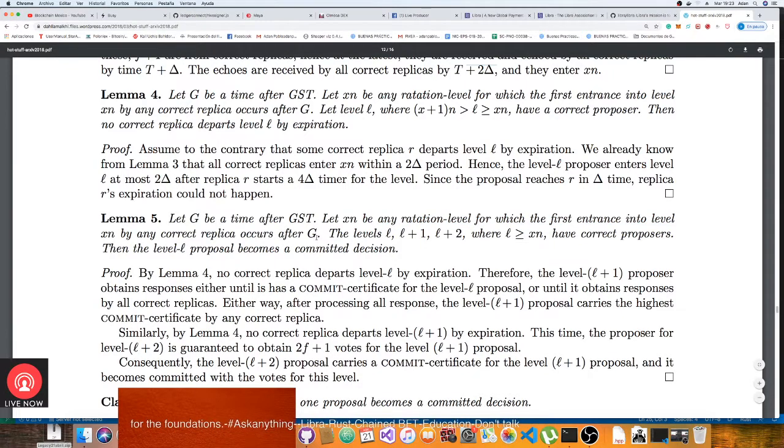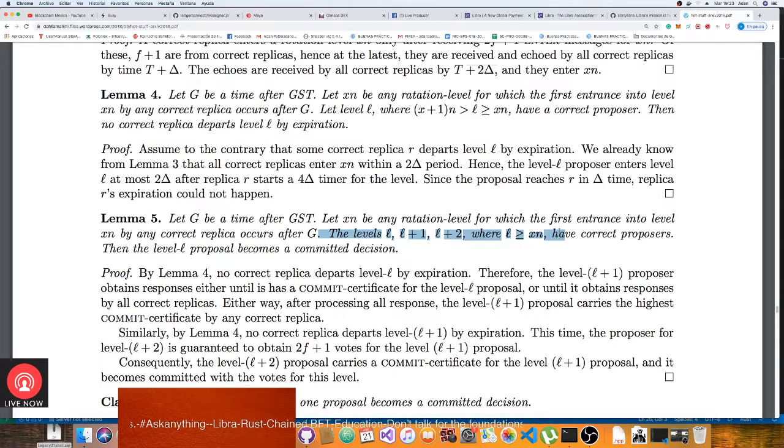And then you have the thing that you believe will be a problem. So the levels L, the next level that has more entropy, then the next level that has another entropy, where L respects the same condition as the other lemmas, have correct proportions.